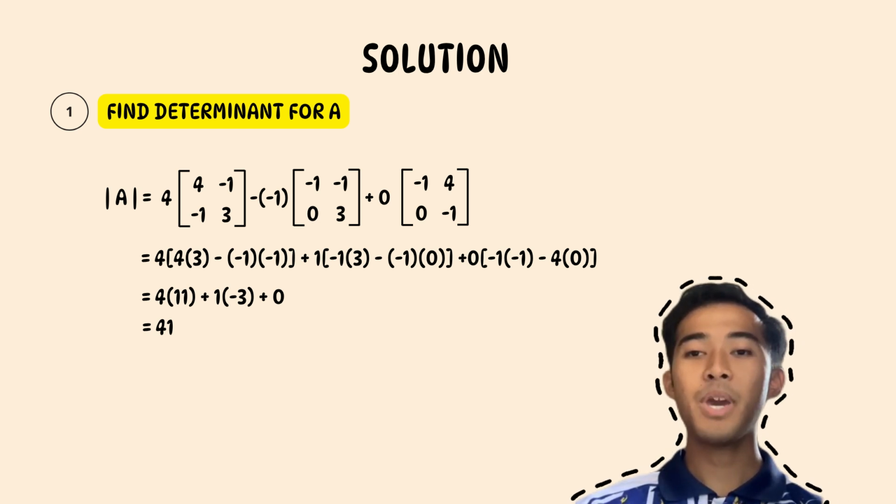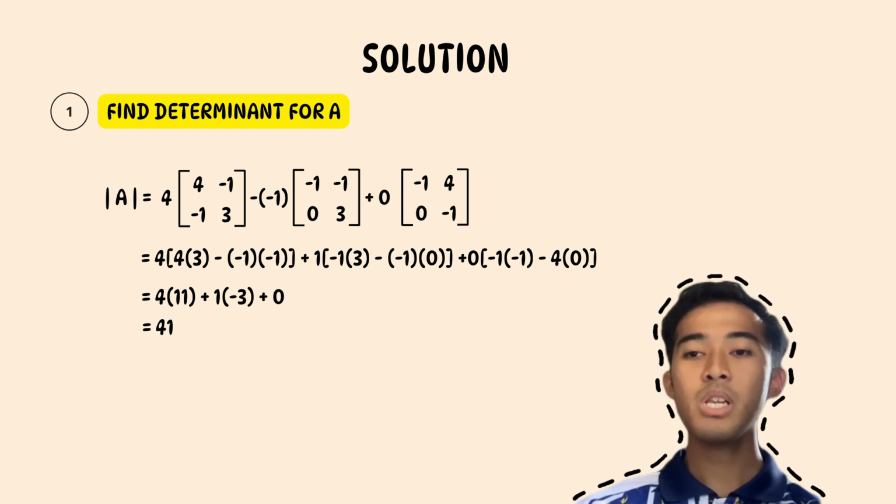We expand it, and it will be 4 in bracket 4 times 3 minus in bracket negative 1 times negative 1, plus 1 times negative 1 times 3 minus in bracket negative 1 times 0, plus 0.